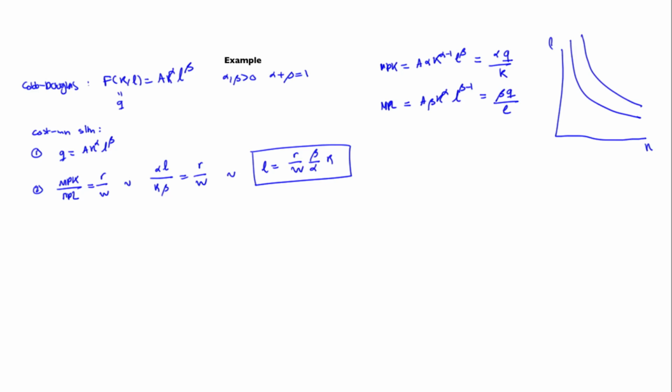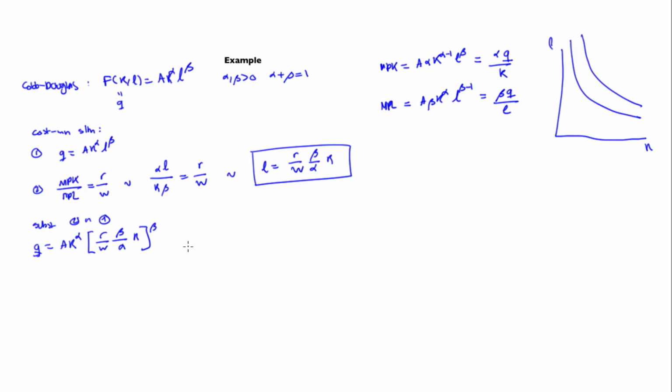Now let's solve for the optimal level of inputs. If we substitute 2 in 1, we get the following: Q equals A K to the alpha, and now we substitute L, so we get R divided by W, beta divided by alpha, K to the beta.